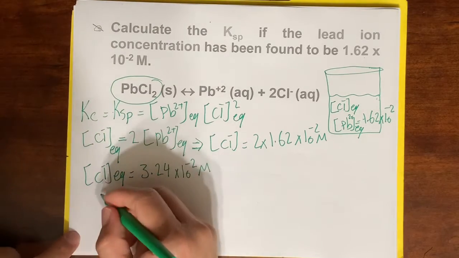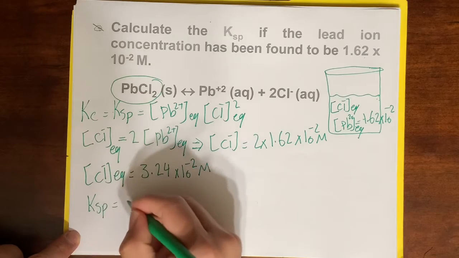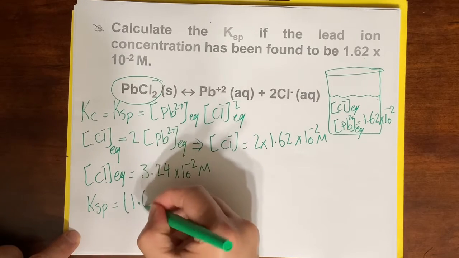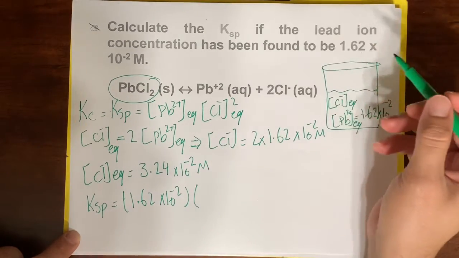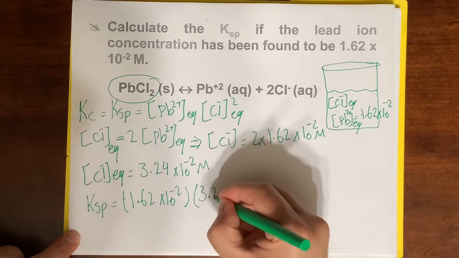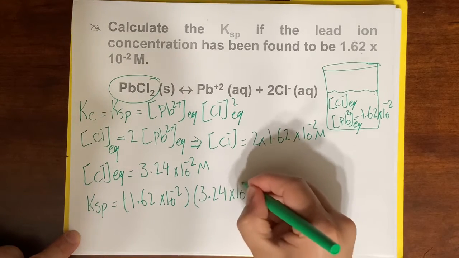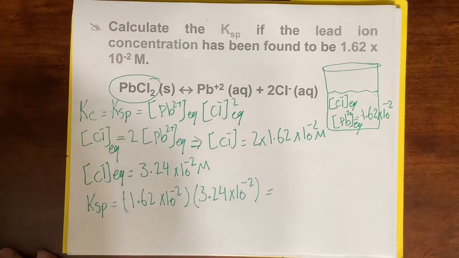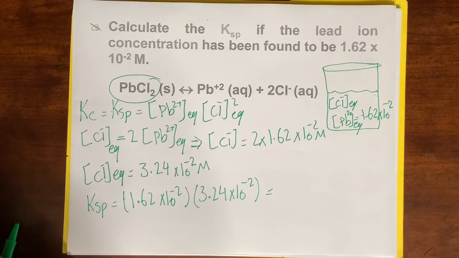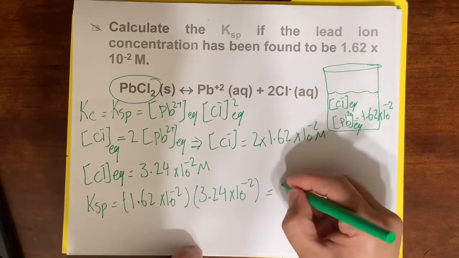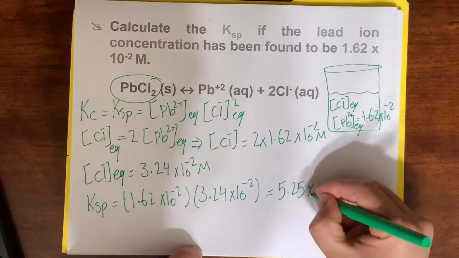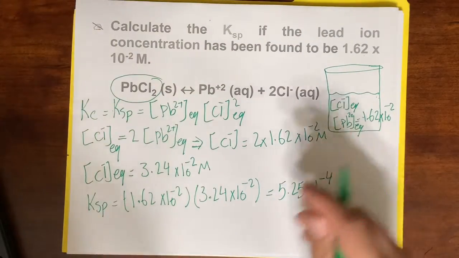So KSP will be the concentration of lead, which is 1.62 multiplied by 10 to the power of minus 2, multiplied by the concentration of chloride, which we just got. That's going to give us 5.25 multiplied by 10 to the power of minus 4.